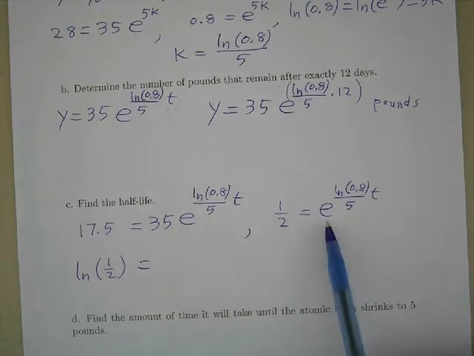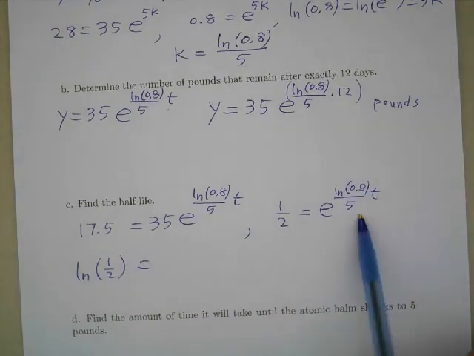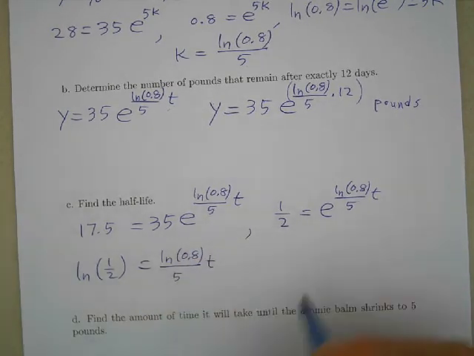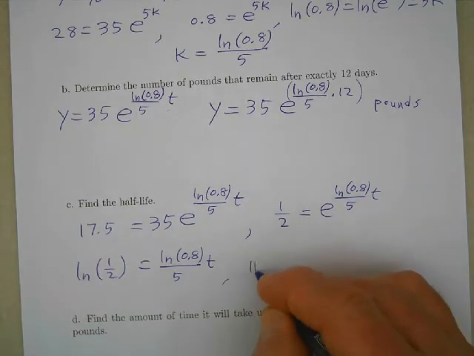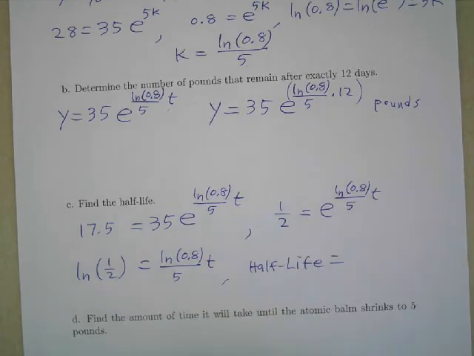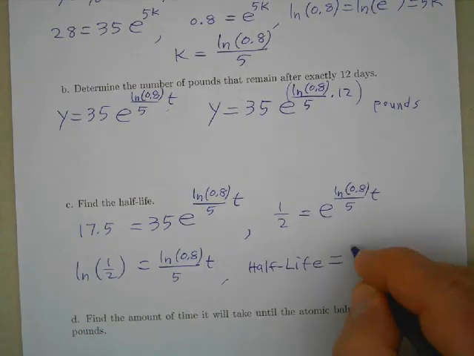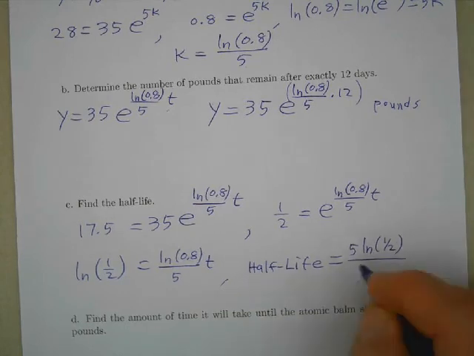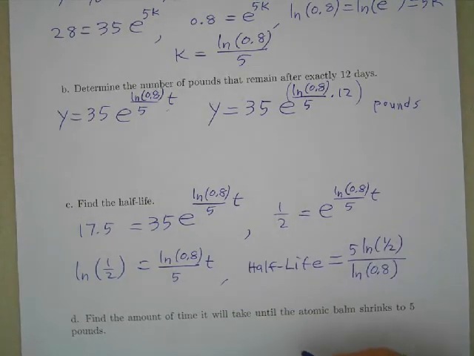The natural log of e raised to an exponent is just the exponent, which is the natural log of 0.8 over 5 times t. And then to find the half-life, we just multiply both sides of this equation by the reciprocal of the natural log of 0.8 over 5. So the half-life is 5 times the natural log of 1/2 divided by the natural log of 0.8. And this is measured in days.